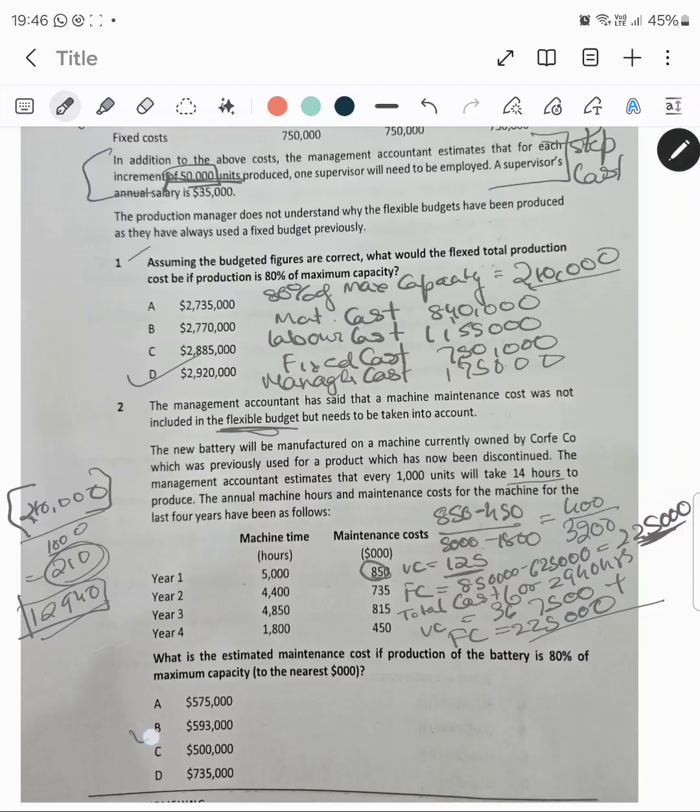The nearest option is this, so I will choose this. The options have to be converted into thousands, so when I convert the answer into thousands, 5,92,500 will become 5,93,000. Yeah, so we need to take care of this thing as well.